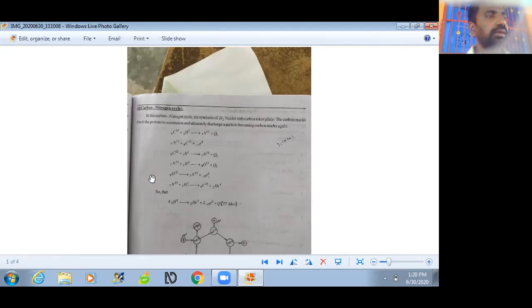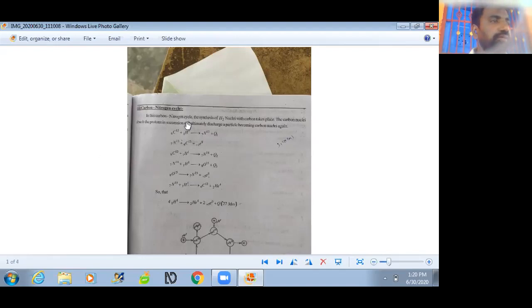Finally, this generated 7N15 nuclide combines with one proton and becomes 6C12 plus 2He4, which means one carbon element is formed and also one helium nucleus is formed.